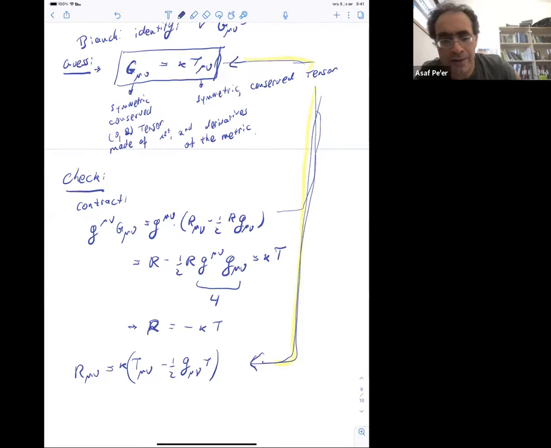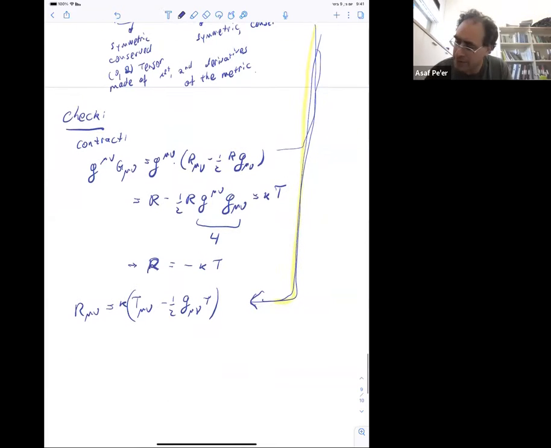Now I argue that this equation predicts the Newtonian gravity, again in the correct approximation, which means the weak field, time independent, and slowly moving particle.